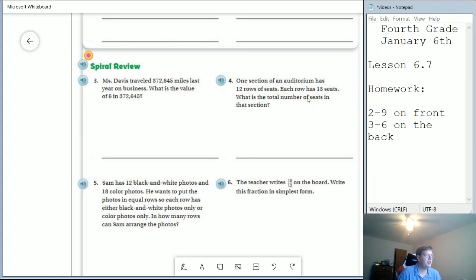For number 4, it looks like we're doing multiplication. So we're doing 12 rows times, I believe it's 13 seats in each row. My pictures don't come out very clear when I do this and then upload them. So it looks like we would be doing 12 times 13.